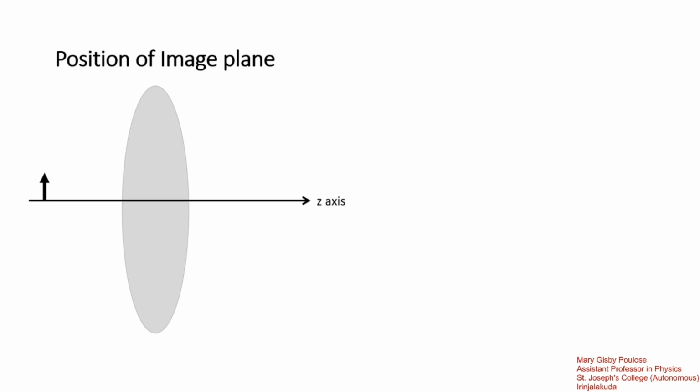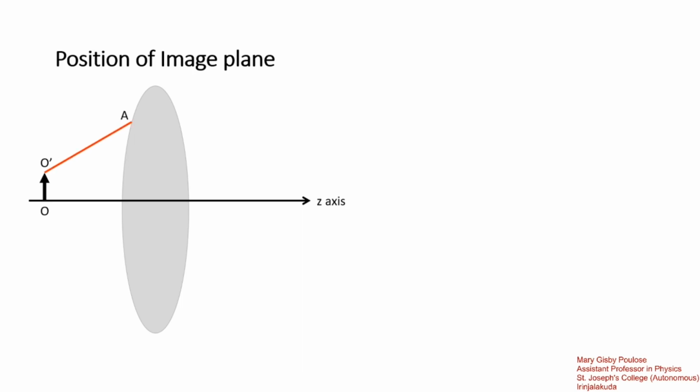Okay, now let us consider the case where we can trace the image of an object. For that, consider this to be the optical z-axis. On this, we are placing a lens. An object, as shown, is placed in front of the lens, and the object is called O, O dash.